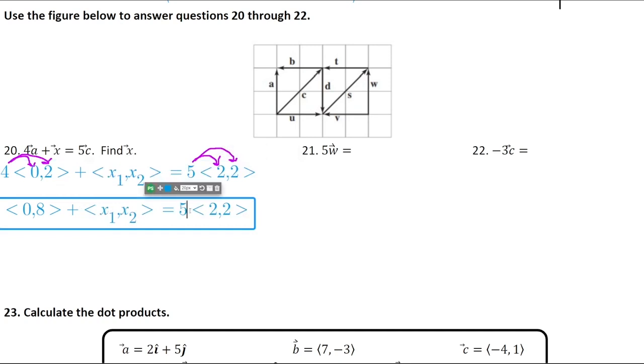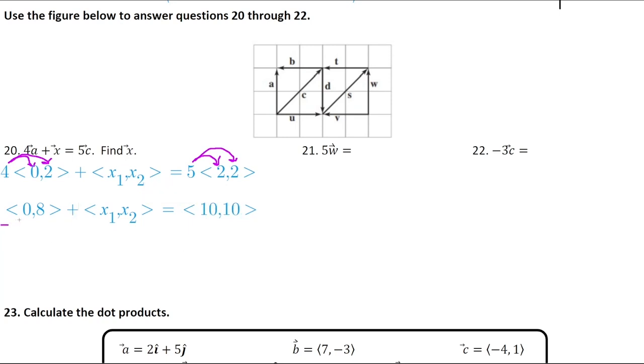And then 5 times 2, 2 will be 10, 10. The next step is going to be to subtract this 0, 8 from both sides. So 10 minus 0 is just 10. And then 10 minus 8 is 2.